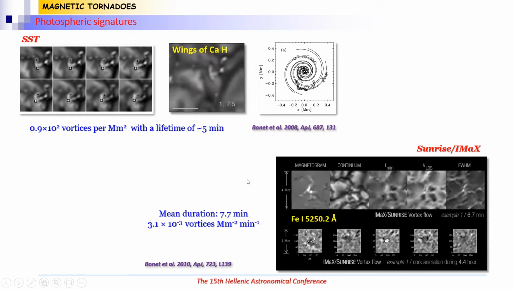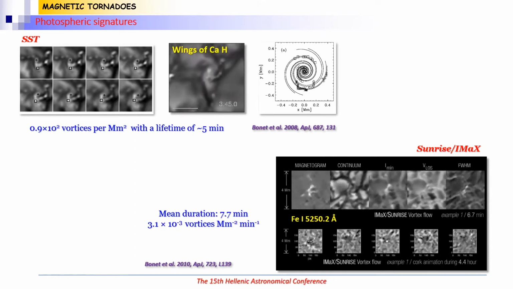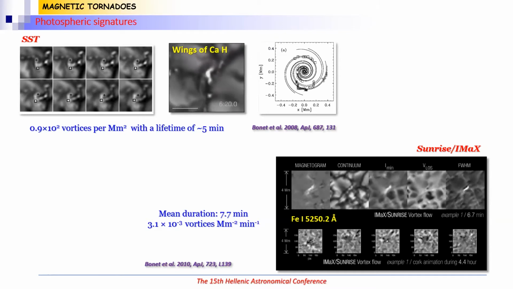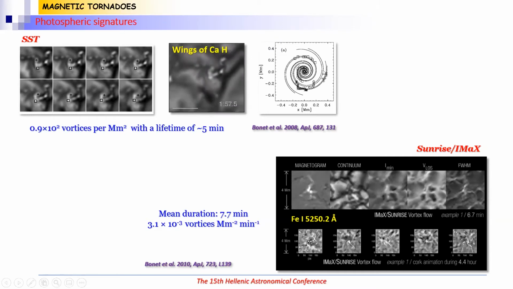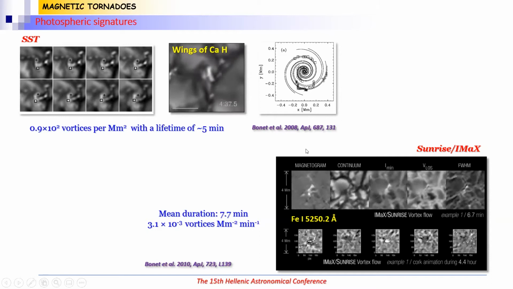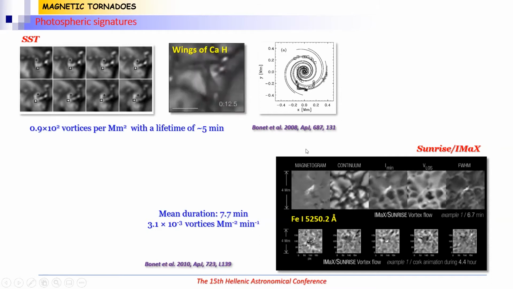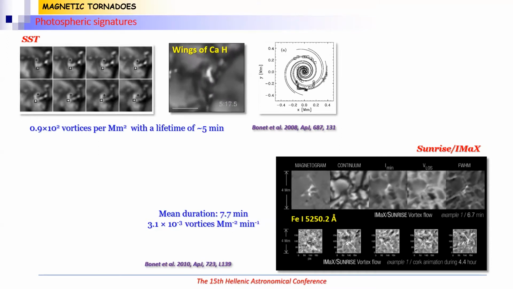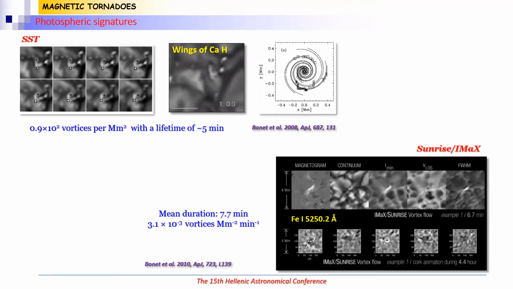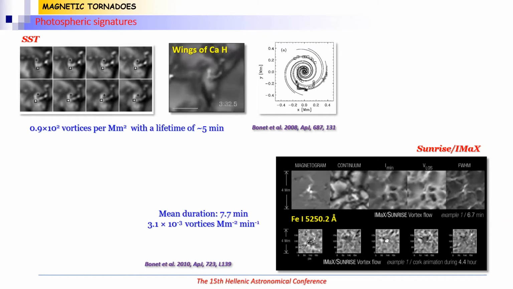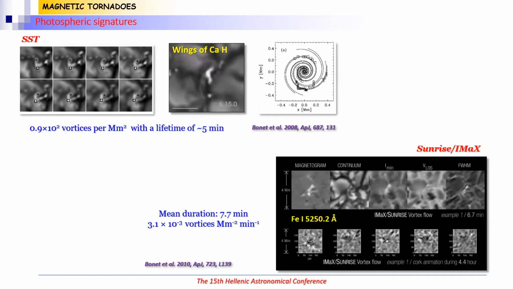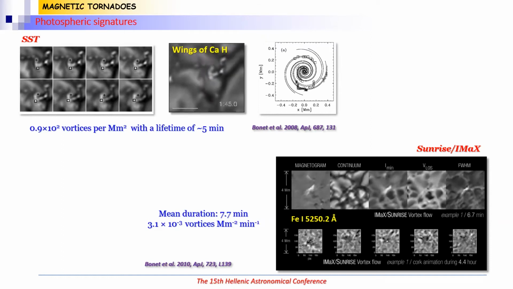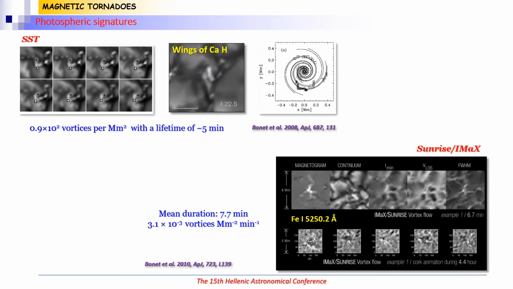So we see actually these magnetic field lines following a rotation, and usually giving spiral patterns like the ones that Bonnet et al. reported in 2008. Those were actually the first observations of tornadoes on the sun. Usually at the photosphere, there are around 90 such vortices per square megameter, with a lifetime of almost 5 minutes.